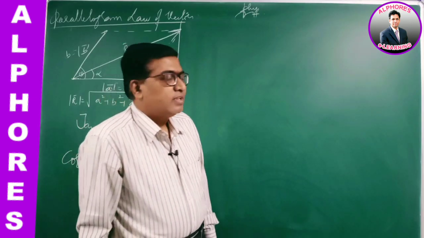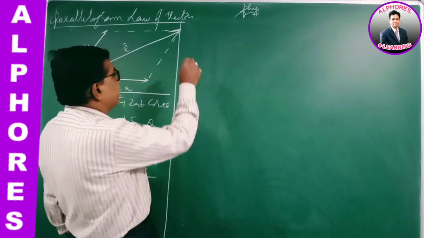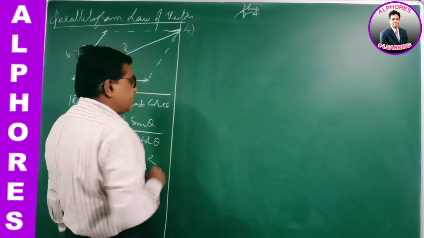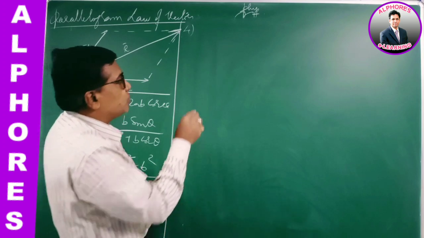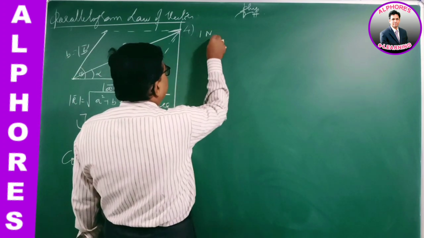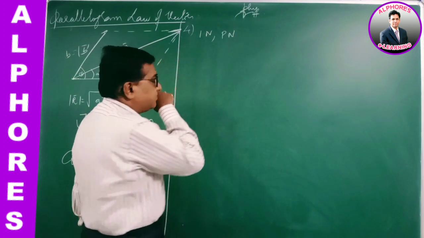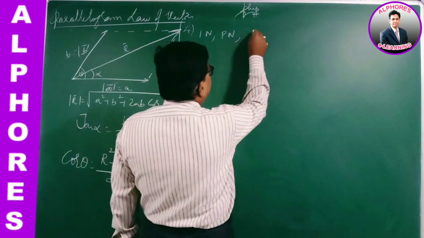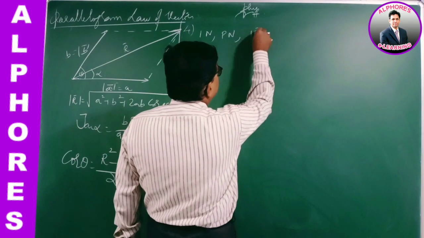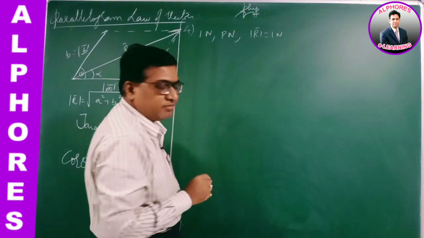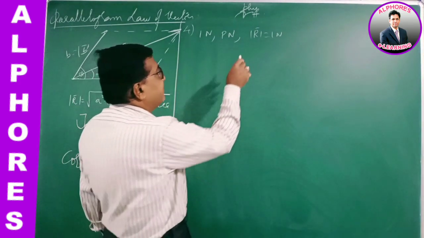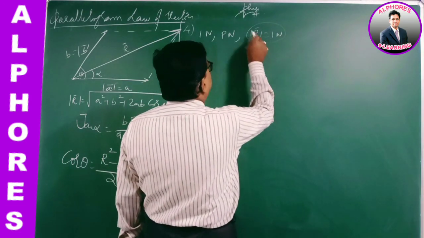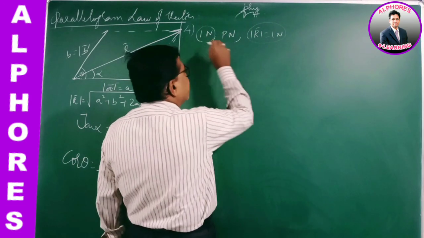Now a question was given in a previous entrance examination which reads like this. Two forces, 1 Newton and P Newton, have a resultant force of 1 Newton magnitude, and this resultant force is perpendicular to the earlier 1 Newton force.